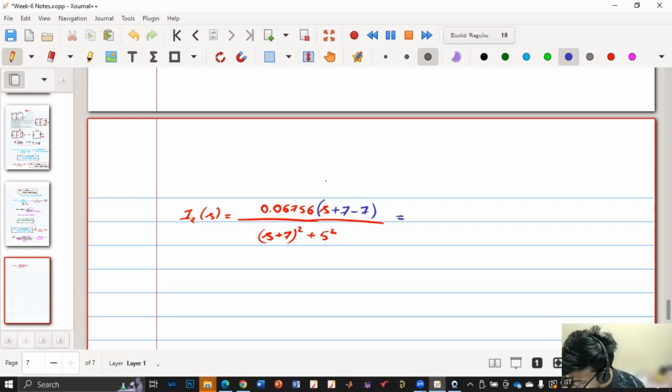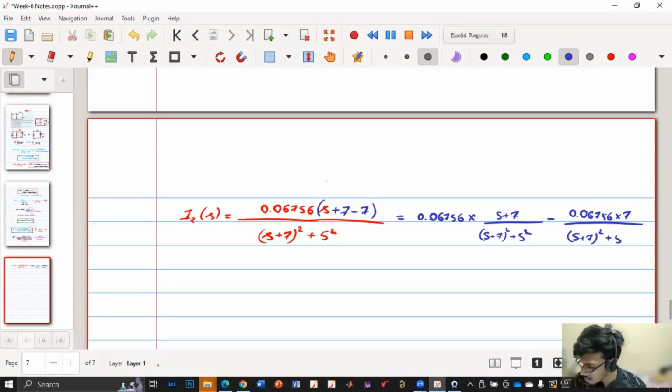So we will be getting 0.06756 into S plus 7 by S plus 7 whole square plus 5 square minus 0.06756 into 7 by S plus 7 whole square plus 5 square. Now I know immediately that this is like e to the power minus 7t cos 5t.